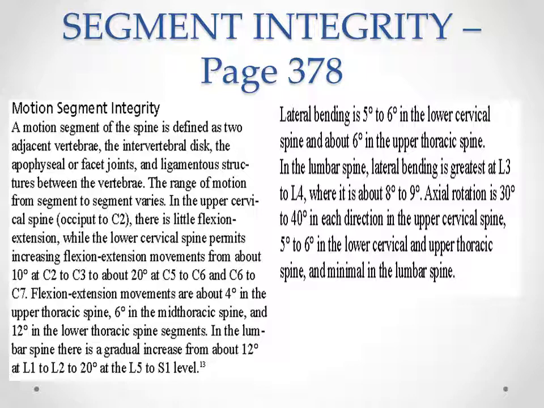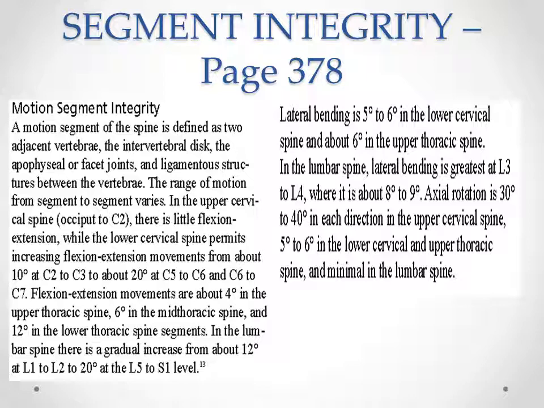Okay, continuing to discuss the ranges of motion of individual motion segments, the guides state lateral bending is 5 to 6 degrees in the lower cervical spine and about 6 degrees in the upper thoracic spine. In the lumbar spine, lateral bending is greatest at L3 to L4, where it is about 8 to 9 degrees.